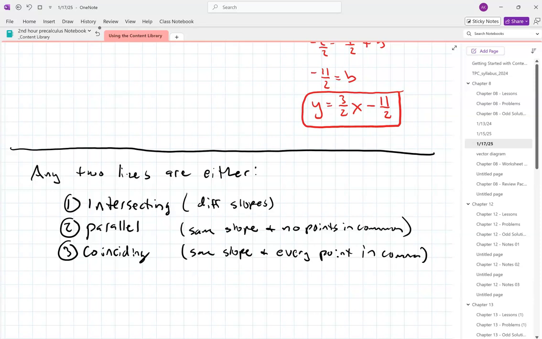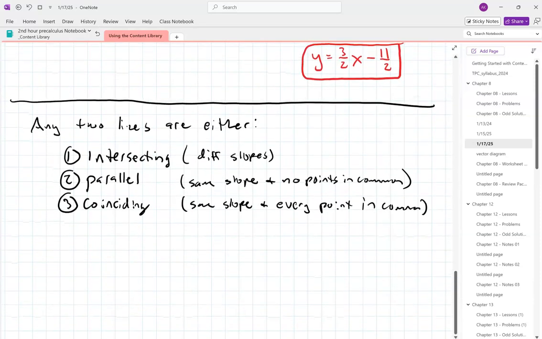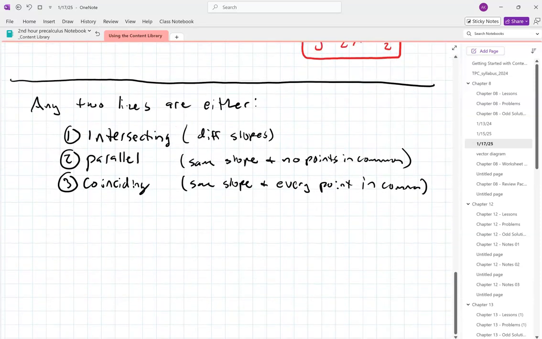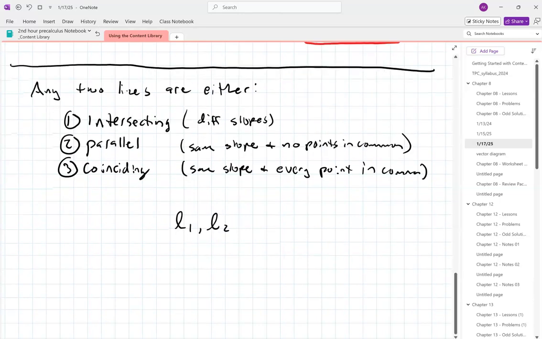Everybody's okay here? So the way that I'm going to say I have two lines, L1 and L2, and I want to check to see if they are intersecting, parallel, or coinciding.